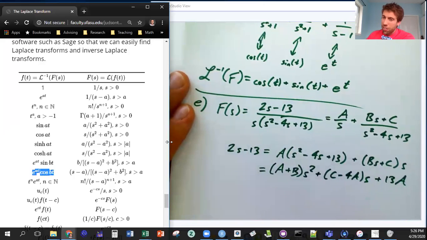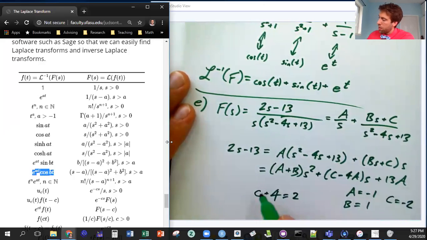How nice of them to give me nice numbers. So that means A equals negative 1. And then if A is negative 1, A plus B must be 0, so B equals positive 1. And then C minus 4A is 2, so minus 4A would be plus 4, so C plus 4 equals 2, so C equals negative 2.